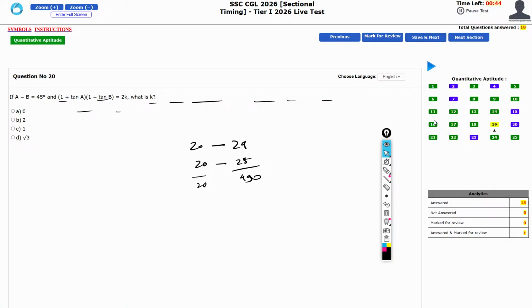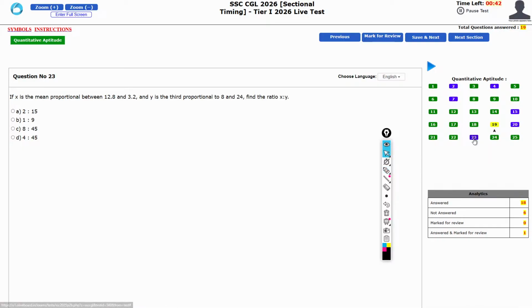Now coming back to this one. No, this one, this one. X is mean proportion of this. So X is equal to 12.8 into 3.2. Y is third proportion. So 8 by Y, I wrote this.